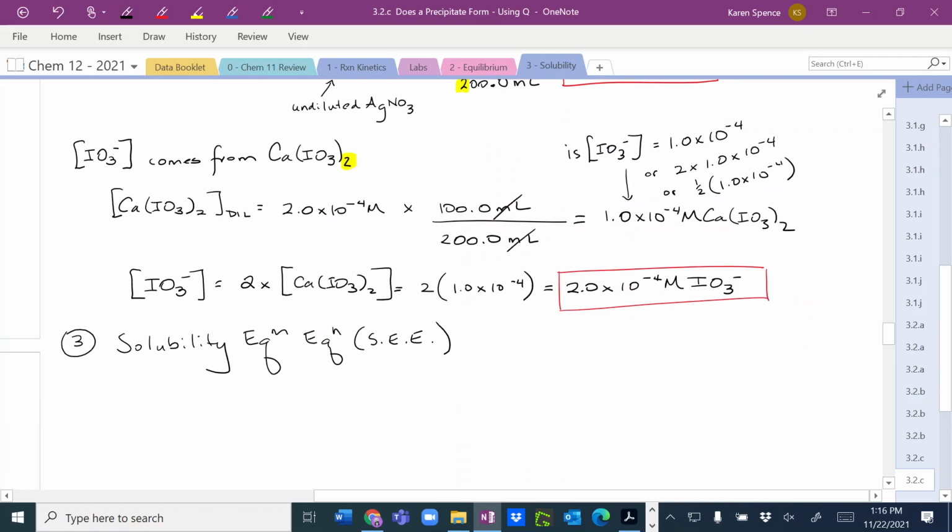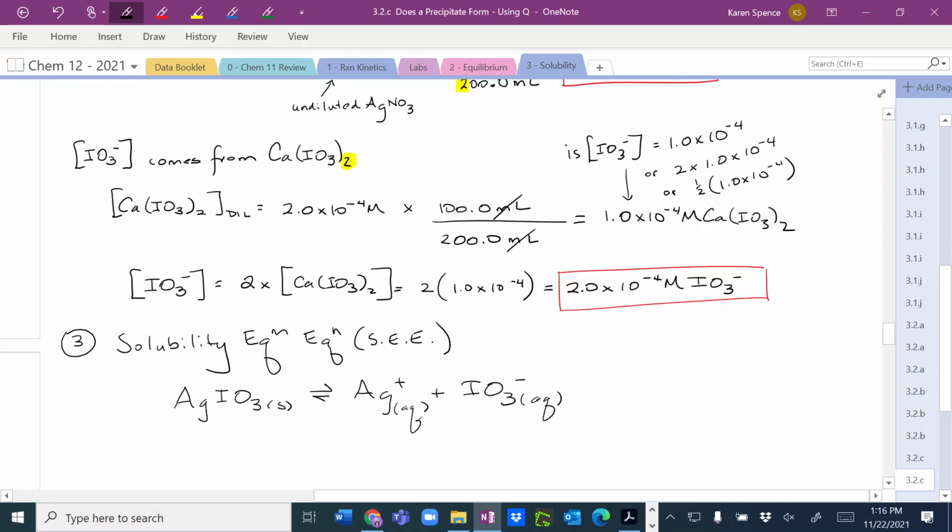So this is for silver iodate. Where does the solid go? On the left or on the right? On the left, AgIO3 solid in equilibrium with Ag plus, IO3 minus, aqueous and aqueous.